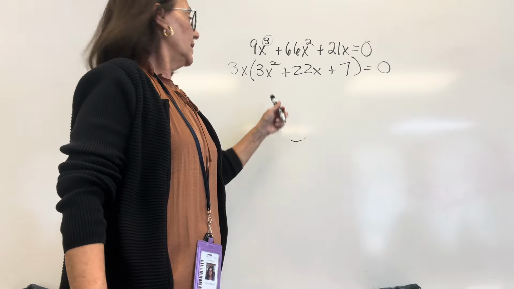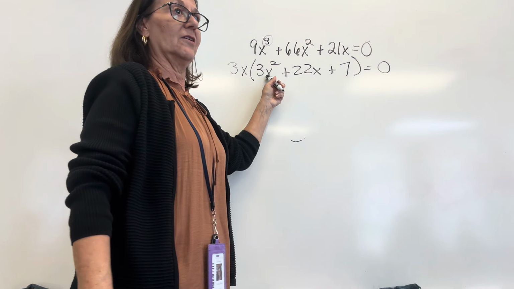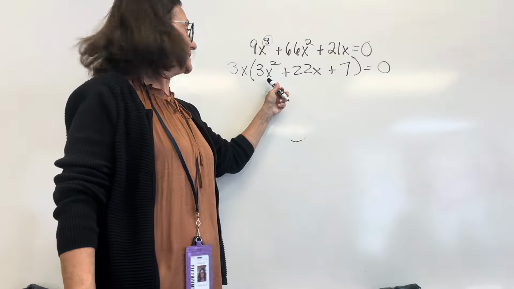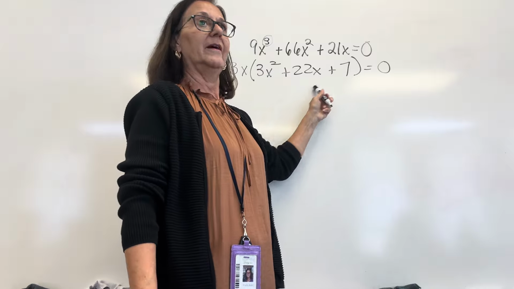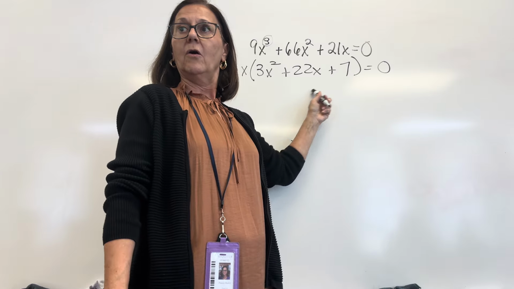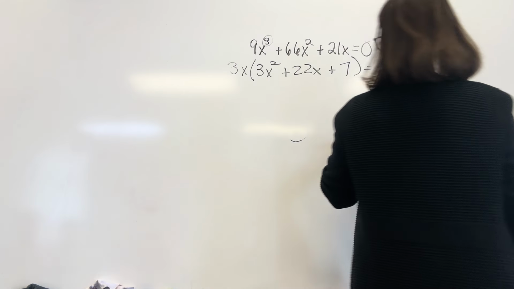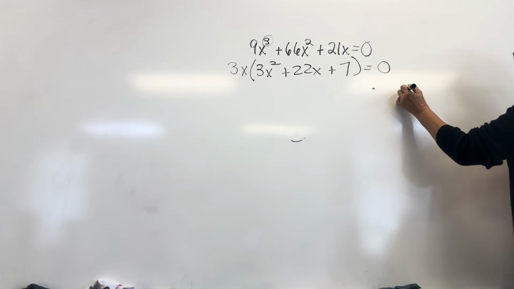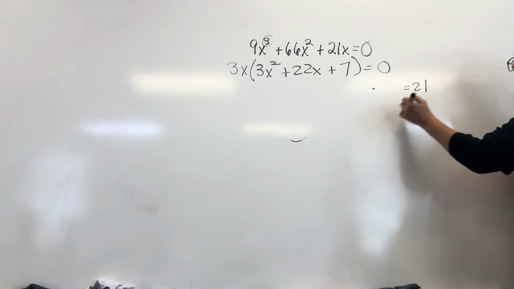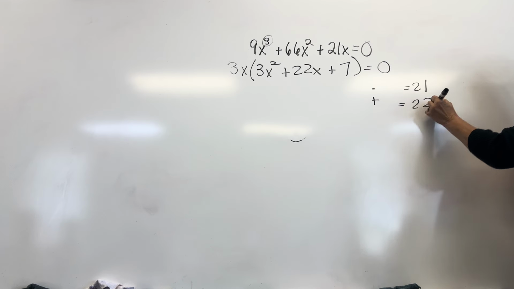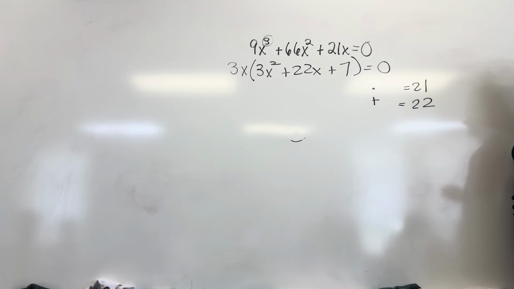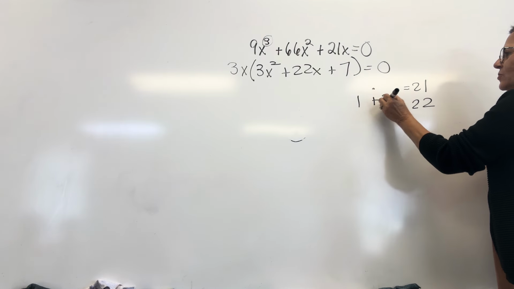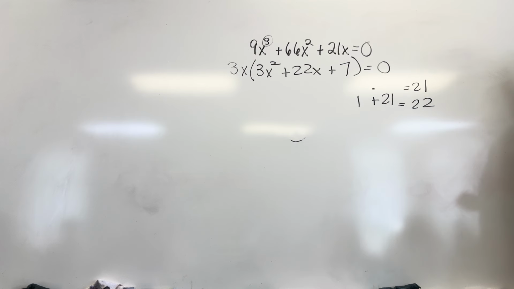All right, so we're going to factor what's inside here. Ladies and gentlemen, on the next test, don't stop here. Factor what's here. What are we asking? Factors of 21, such that I add them, the result is 22. And what are they? 21 and 1. How do you decide which one goes first?